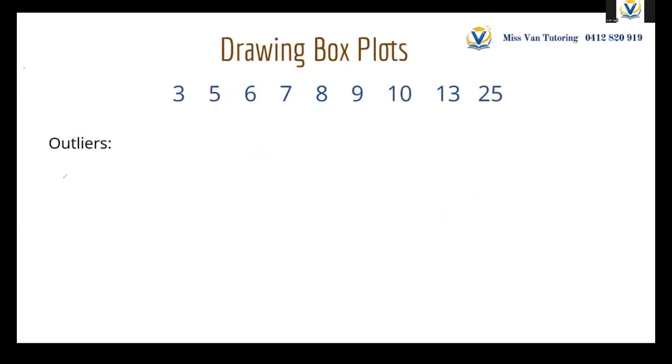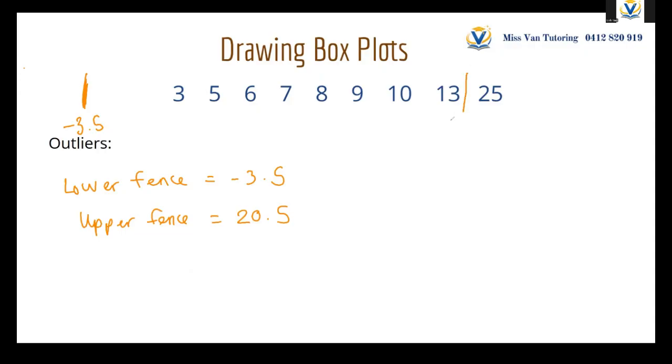Note my lower fence is negative 3.5, and my upper fence is 20.5. So what do these two fences do? Negative 3.5 is somewhere here if you look at it as a number line, and 20.5 is somewhere in between here.